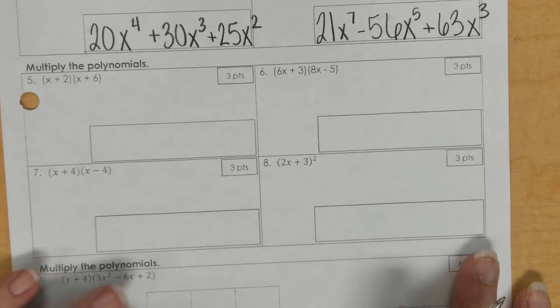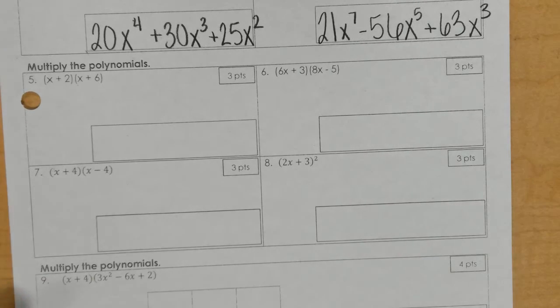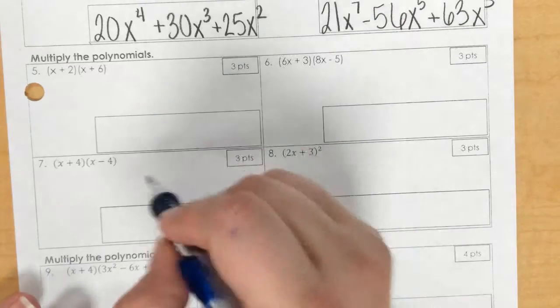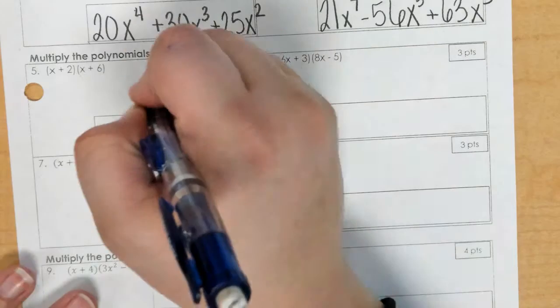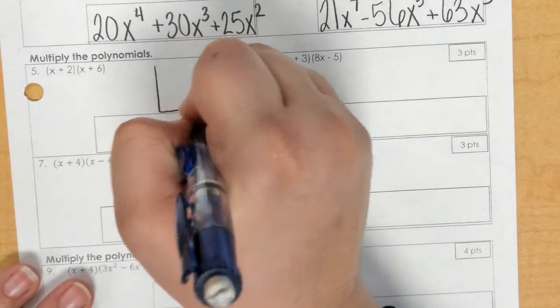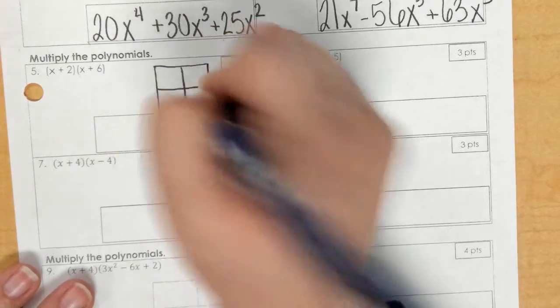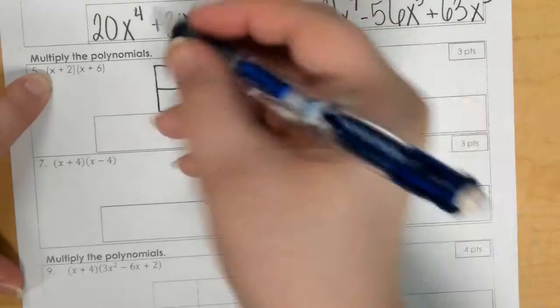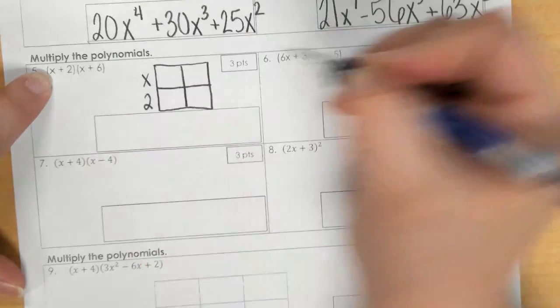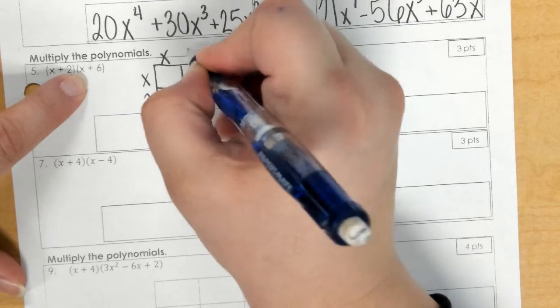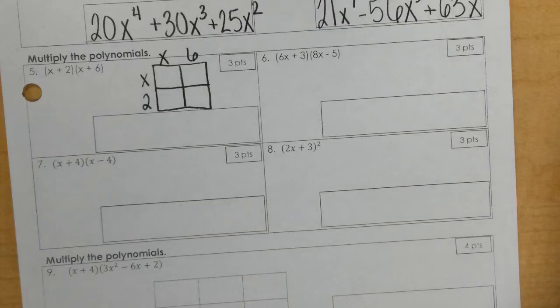In 5, 6, 7, and 8, this is all using FOIL, or you could use the 2 by 2 square. So I'm going to go ahead and draw in a 2 by 2. So I'm going to have the x plus 2 on the side, and I'm going to have the x plus 6 at the top. Okay?